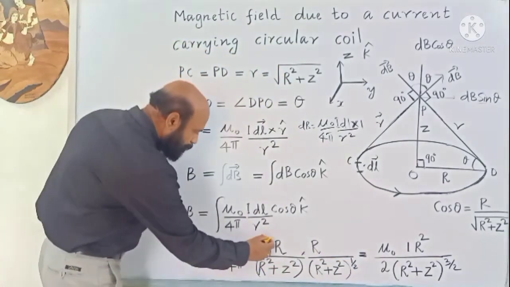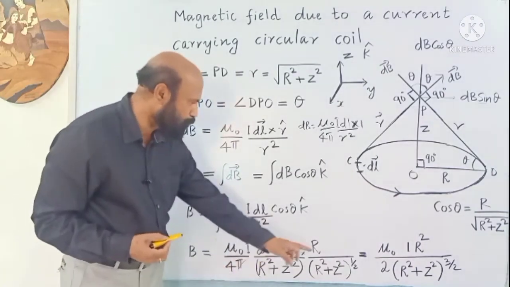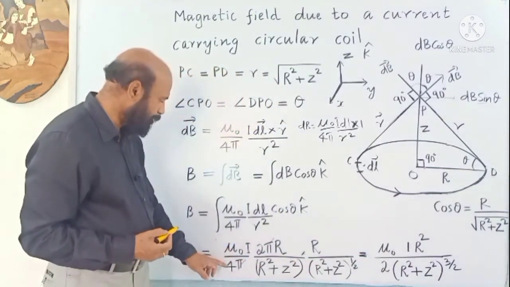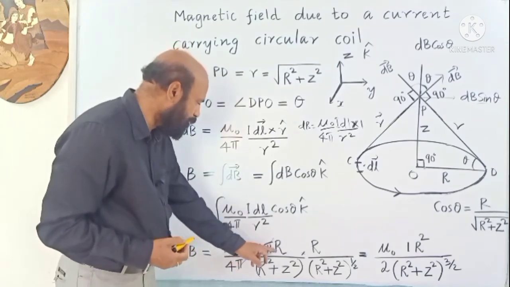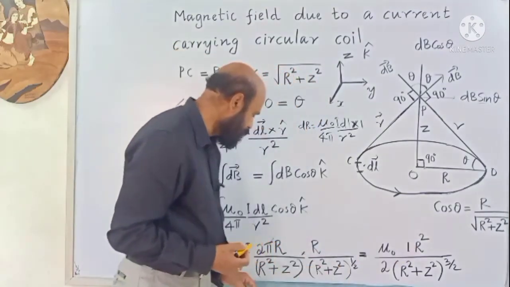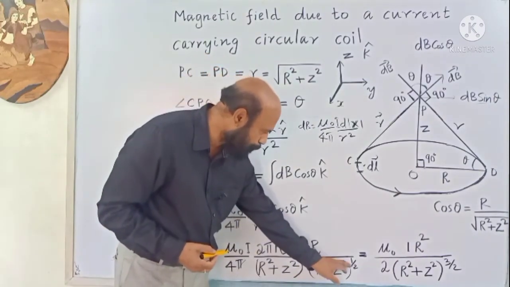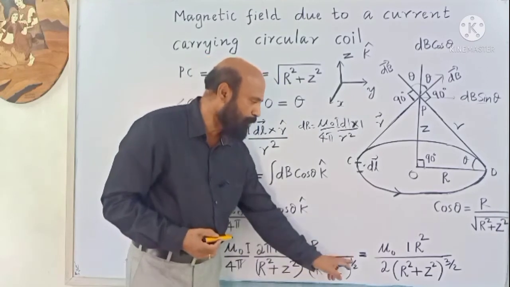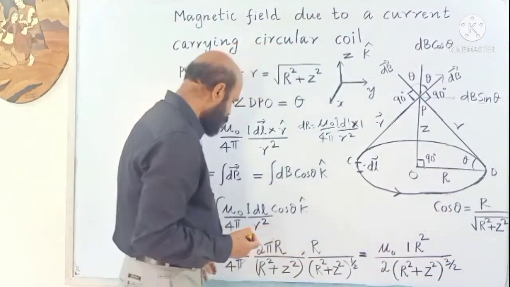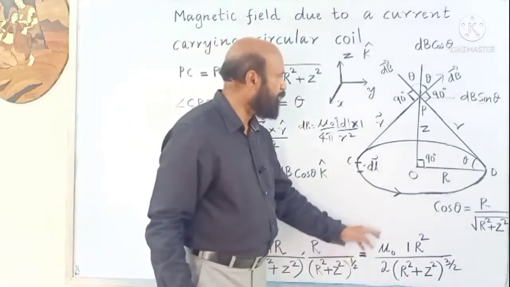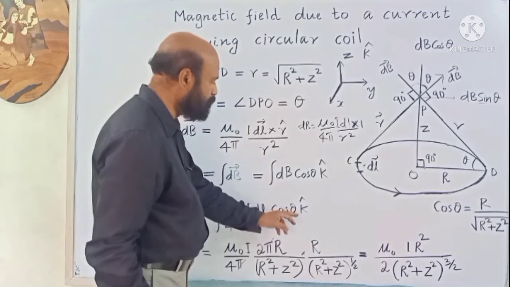Now this pi will get cancelled, and 4 and 2 will become 2. So we get mu 0 divided by 2, then R into R square, divided by R square plus z square, R square plus z square. Here the power is half and here the power is 1, so the total power is 3 by 2. So this is the expression for the magnetic induction at a point due to a circular coil carrying current.